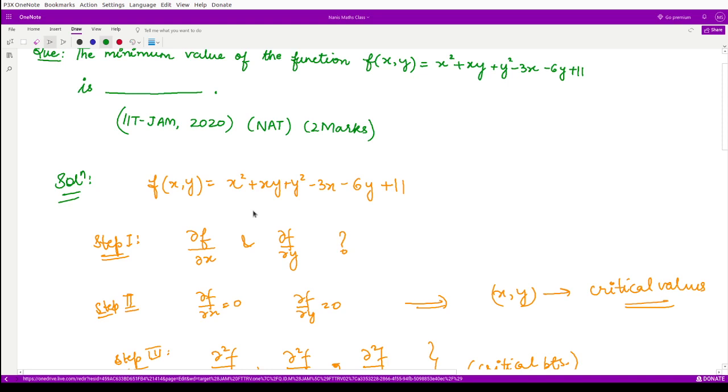First of all we'll calculate our del f upon del x. When you take the partial derivative of this function with respect to x, keeping y constant, it would be 2x plus y minus 3, and del f upon del y would be equal to x plus 2y minus 6.